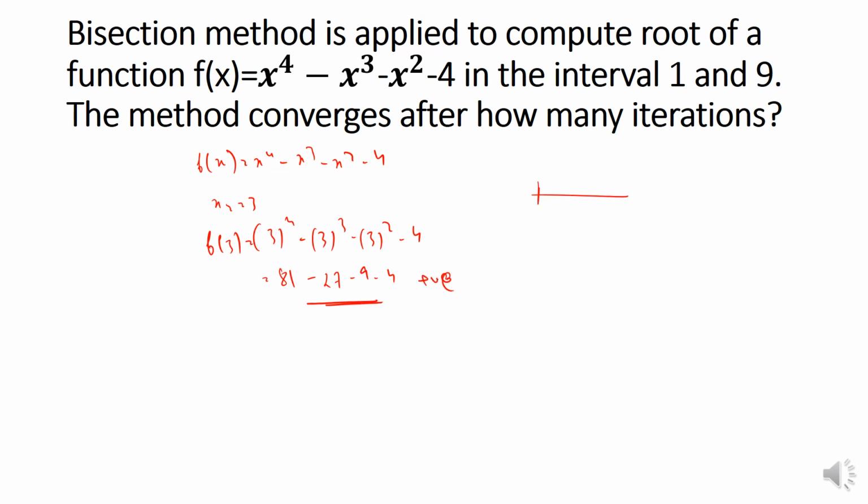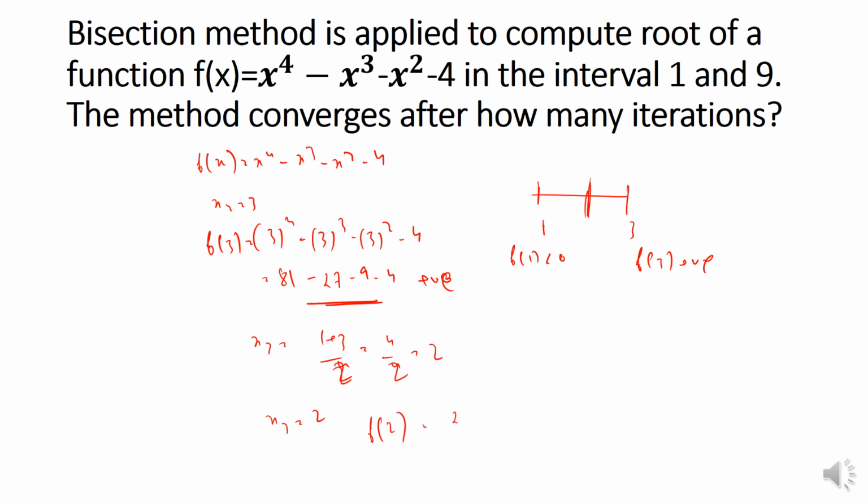So I have 1 and 3, f of 1 is negative, f of 3 is positive, so my solution will lie in between these two. So x3 is equal to (1 plus 3) by 2, which is 4 by 2, which is 2.